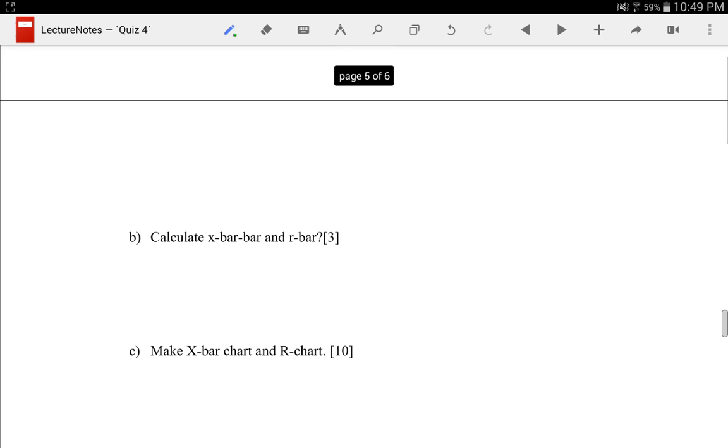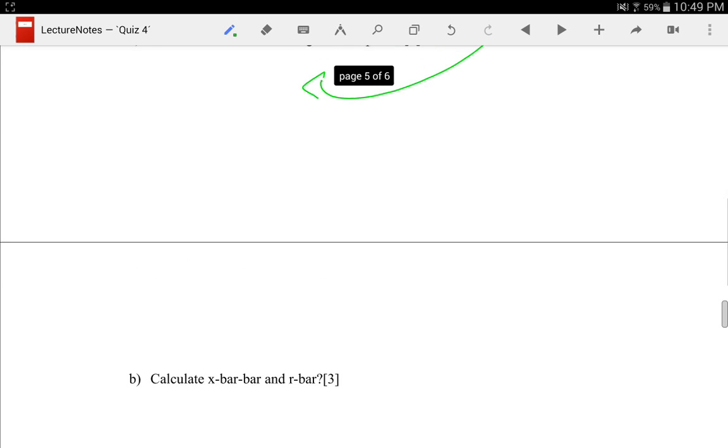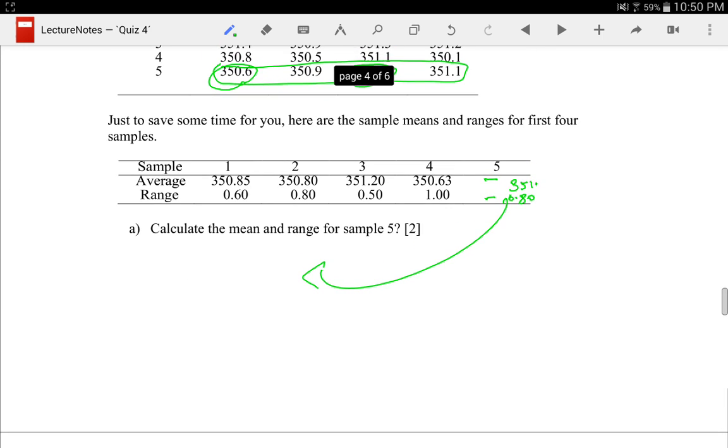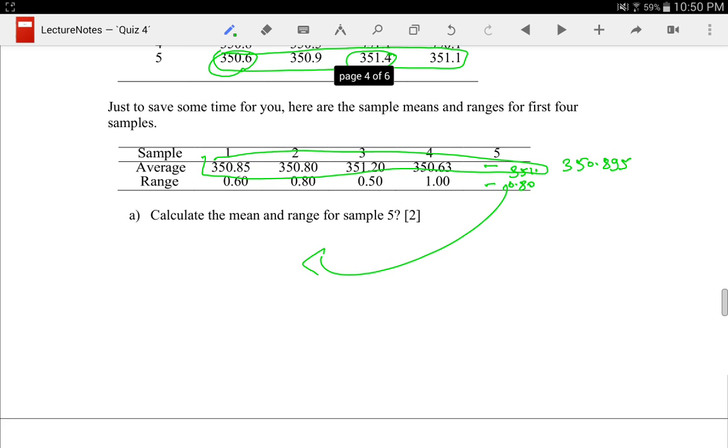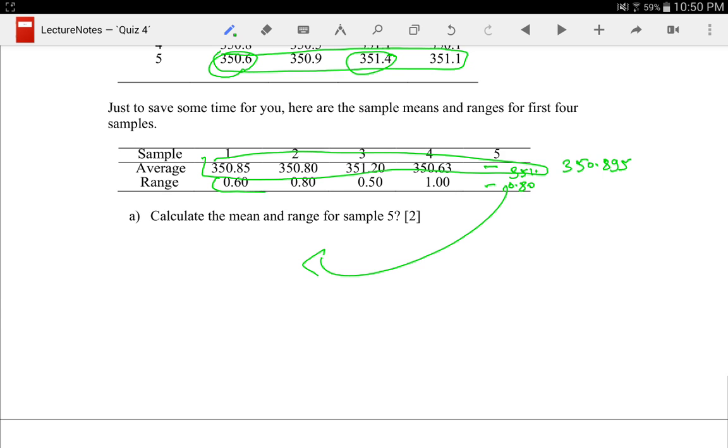The next question asks, calculate the x bar bar and r bar. Well, x bar bar is nothing but the mean of these 5 values, which I got to be 350.895. R bar is the mean of these 5 ranges. Some people made a mistake of again getting the range of the ranges. That's not what r bar is.